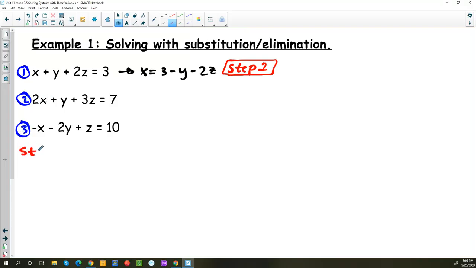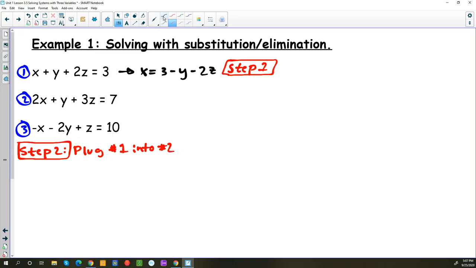This would be step 2: plug number 1 into, I'm going to pick number 2. You could plug number 1 into number 3 for step 2. It doesn't matter, but I'm going to do number 1 into number 2.